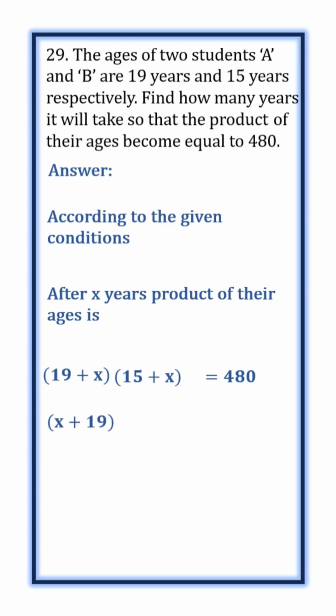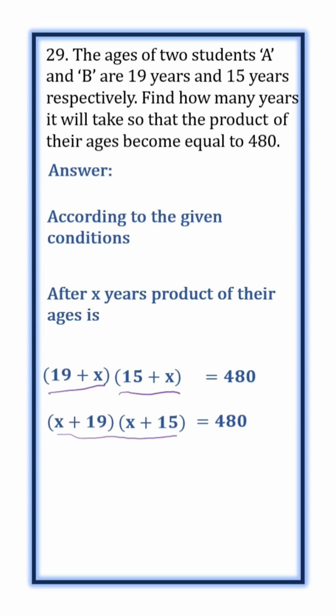Let us write 19 plus x as x plus 19, 15 plus x as x plus 15, equal to 480, because it will be easier to multiply these two by using the identity (x plus a) into (x plus b) equal to x square plus (a plus b) into x plus a into b.